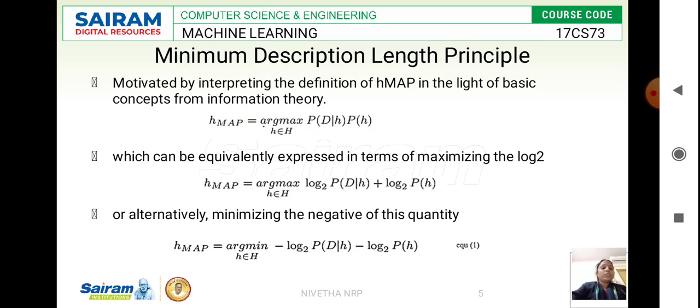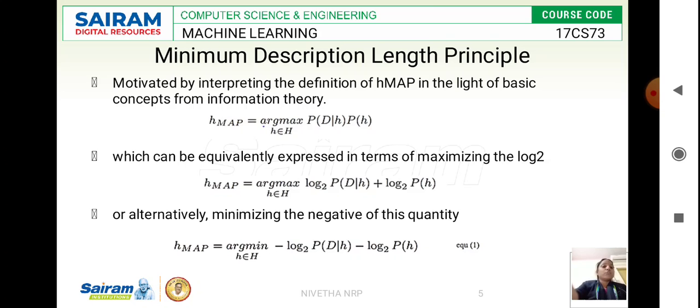So when I introduce the logarithmic value into the above equation, I get HMAP equal to argmax over H belonging to capital H of log base 2 of the probability of D given H plus log base 2 of the probability of H.